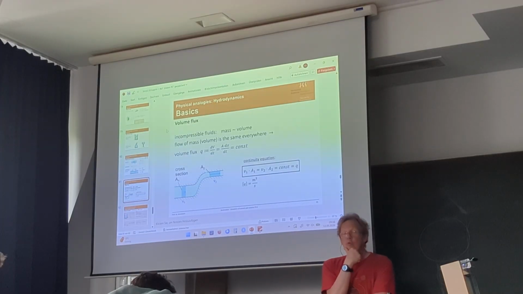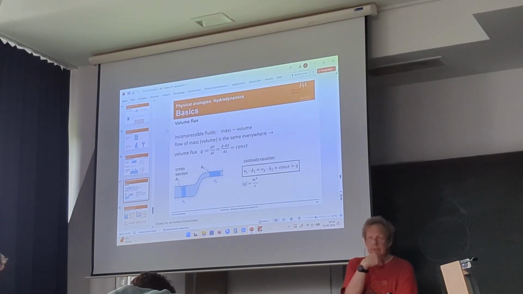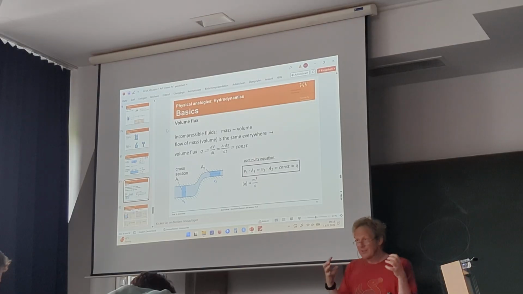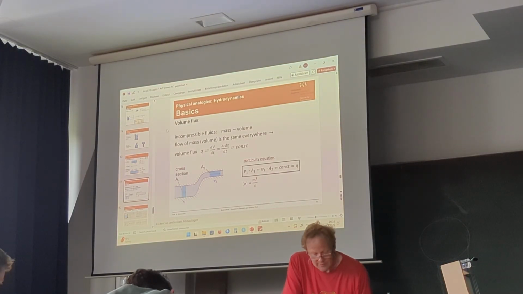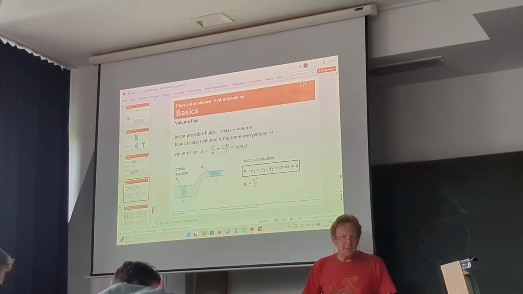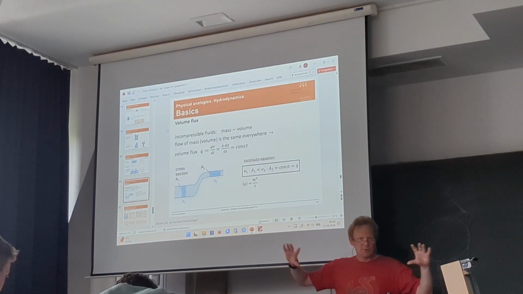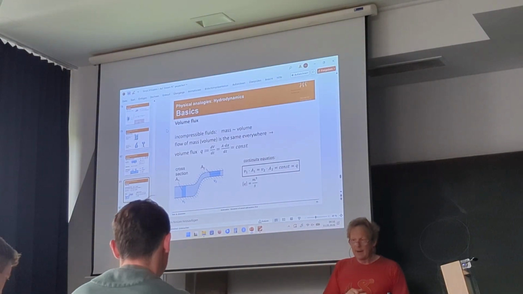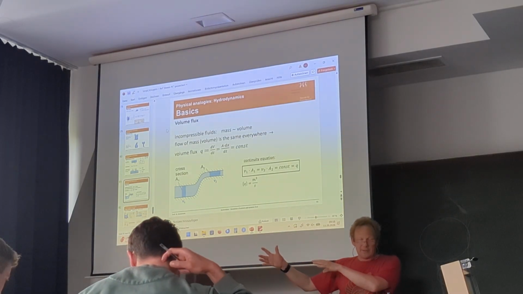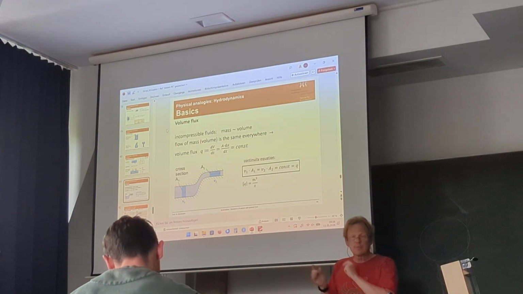And mass is always proportional to the volume, because a fluid like water can really not be compressed. And it means a certain volume you're moving anywhere in such a system of pipes means everywhere else the same volume is transported.